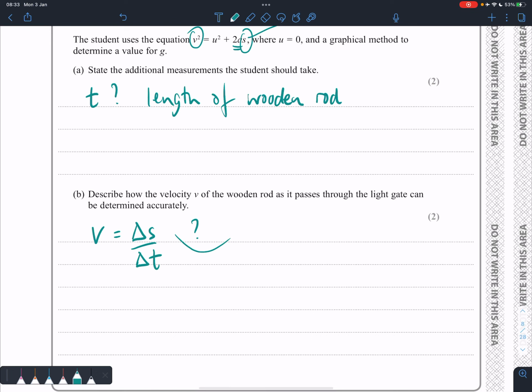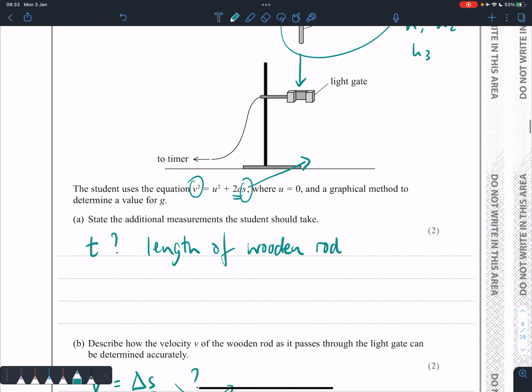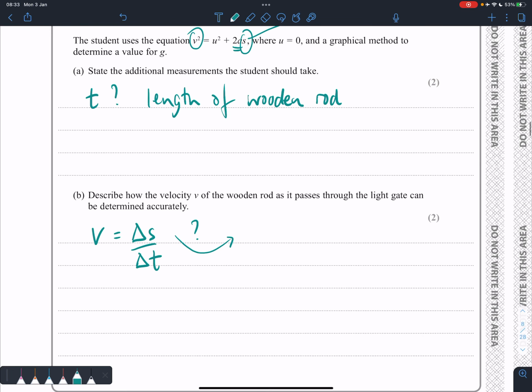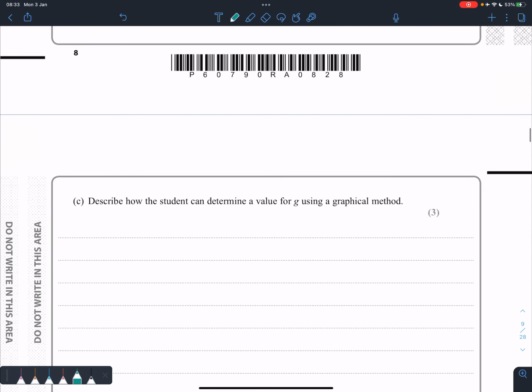So you've got to think about this: how would you measure the change in displacement? You could pick one point on the rod, and this point as that moves through the light gate, that's kind of related to the length of the rod. Okay, so that's enough of a hint there.